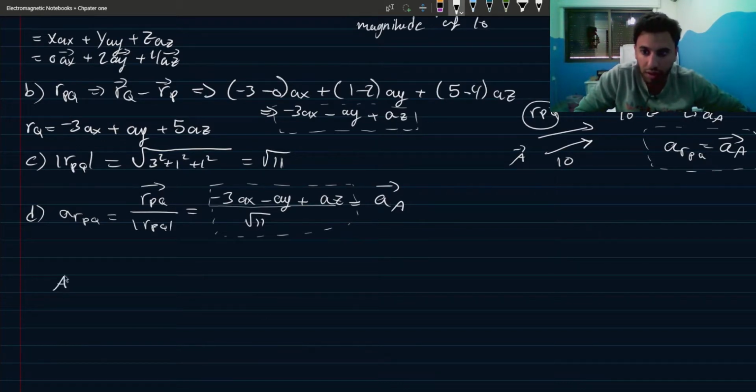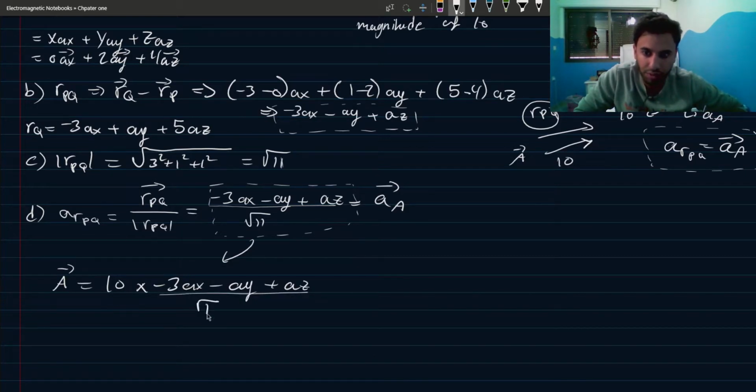So A is equal to 10 multiplied by this. So 10 multiplied by minus 3AX minus AY plus AZ divided by the square root of 11.